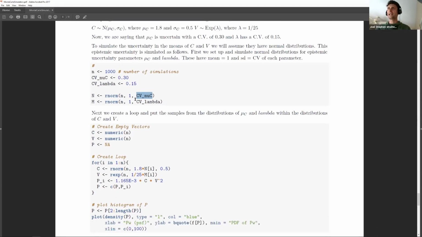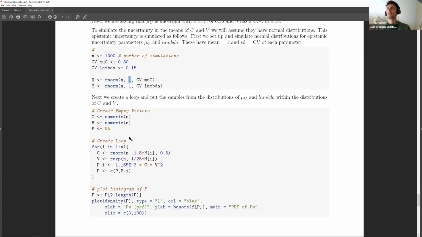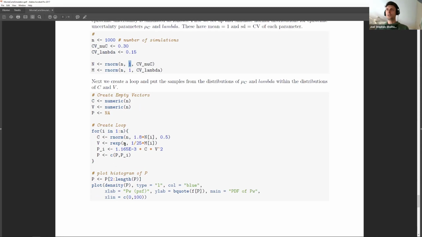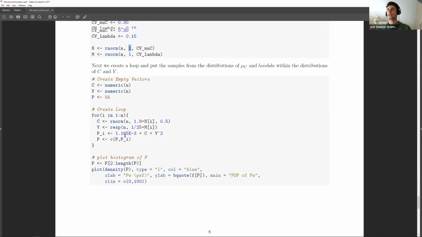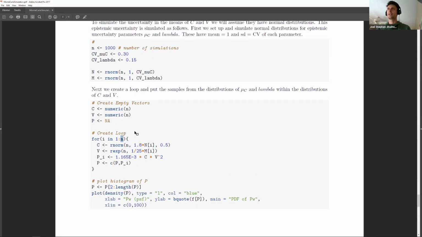You'll see why I said the mean is 1 in a second. We'll create some empty vectors, and now we're going to do a loop. The way this loop works is we're going to do 1,000 simulations, so N is 1,000.